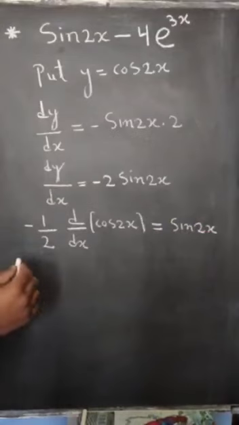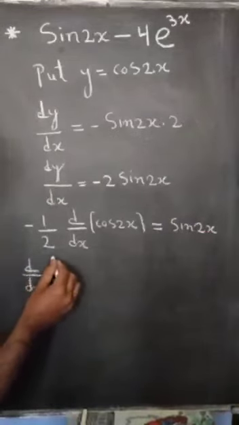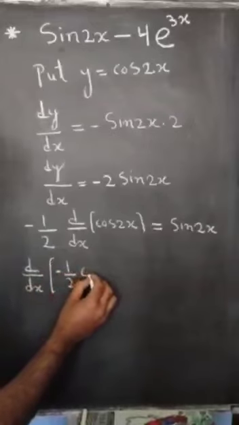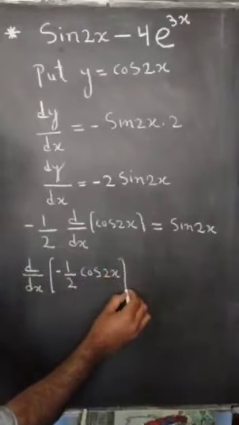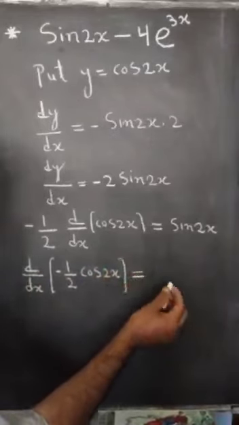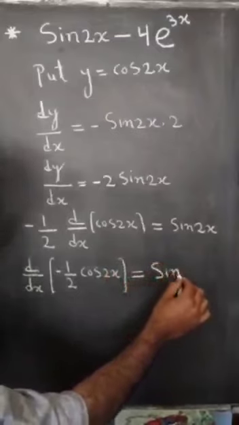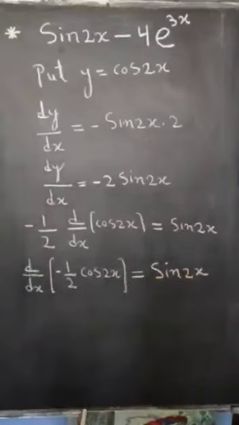Or we can write d by dx of minus 1 by 2 times cos of 2x is equal to sine of 2x.